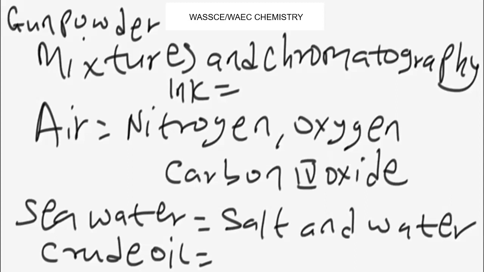You can separate the components of air: nitrogen, oxygen, carbon dioxide, and the rest of them. Another feature is that the combination occurs physically, not chemically. It is a physical combination of two or more constituents. So this is what you have to know about mixtures.